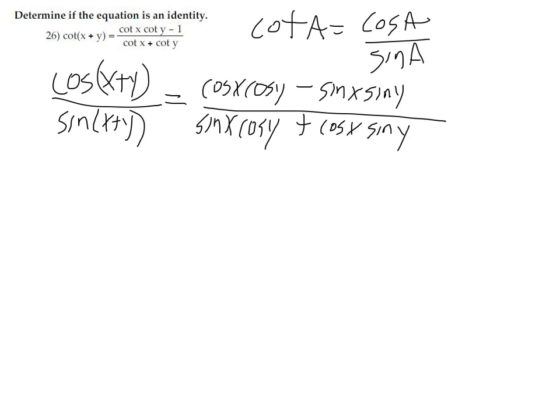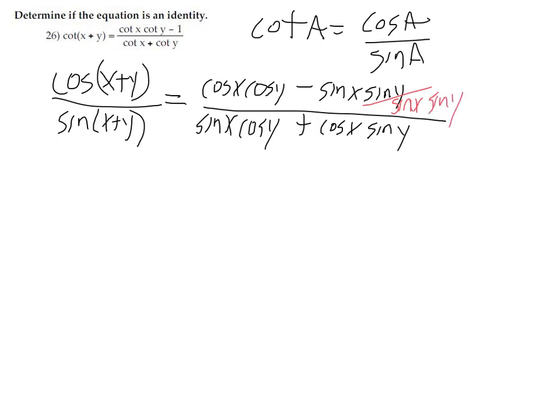Taking another look at where we're headed, look at the minus 1. We have the minus, but we have sine x, sine y. So here's the biggest hint of all. To make 1 out of sine x, sine y, we need to divide by sine x, sine y.